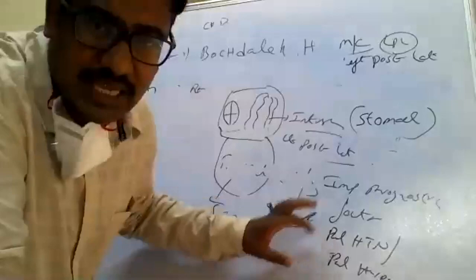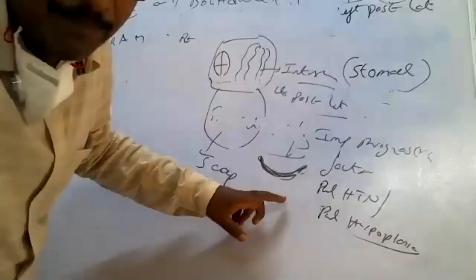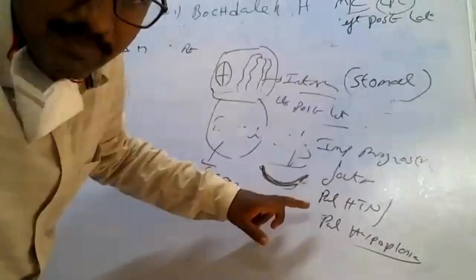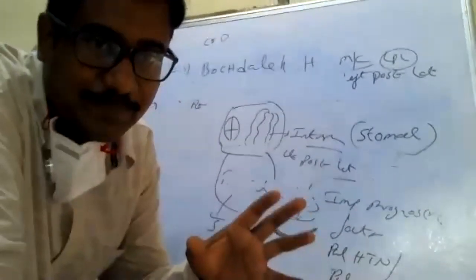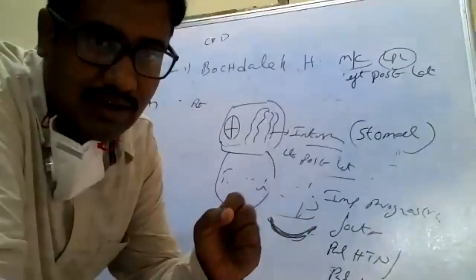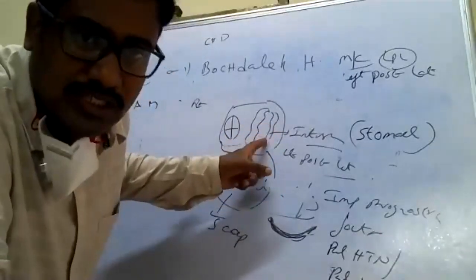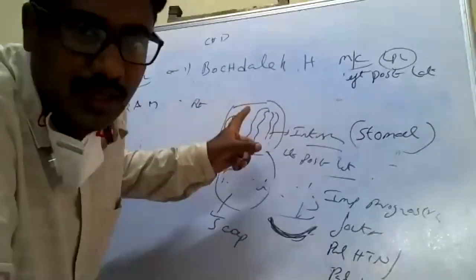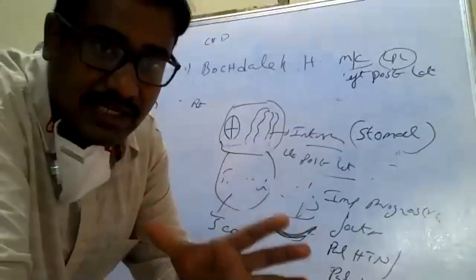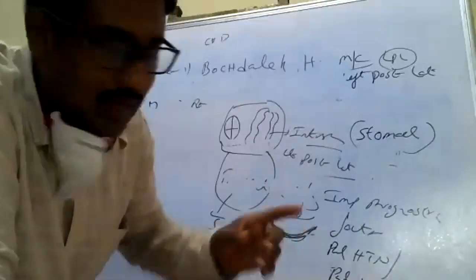That means the survival of the patient depends on pulmonary hypertension or on pulmonary hypoplasia, that means how much lung is underdeveloped. Why is the lung underdeveloped? Because of the presence of the bowels in the thorax. The bowels in the thorax prevent the dilatation of the lungs.